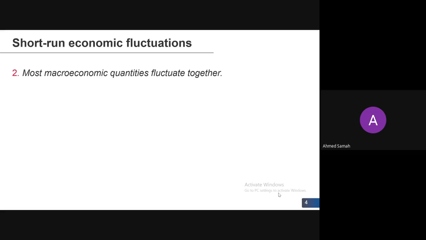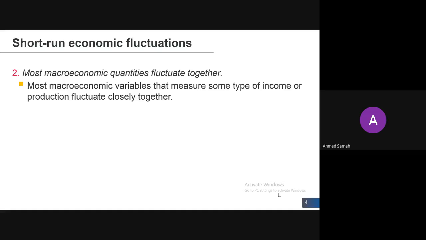Secondly, most macroeconomic quantities fluctuate together. So most economic variables that measure some type of income or production fluctuate closely together. So either it's GDP or unemployment or aggregate demand, those things fluctuate together due to the business cycles.